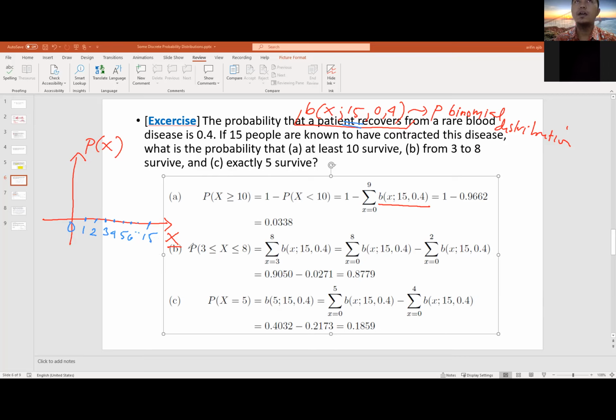And then if we compute, let's say, the probability B(0; 15, 0.4), according to the binomial distribution, we can compute.